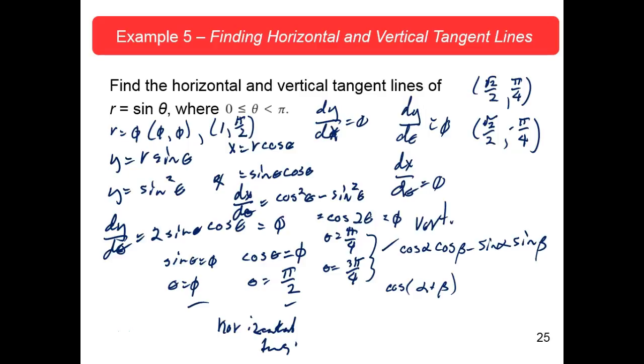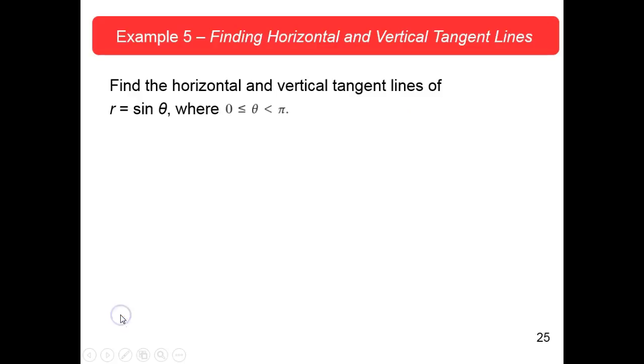So that's all they said. Find the horizontal and vertical tangent lines. I guess what we didn't do is do our graph. And since I'm not particularly hankering to graph it, let's just let them graph it for us. Okay? All right. This is Corbin.